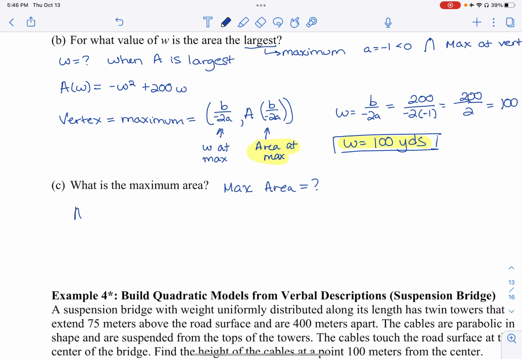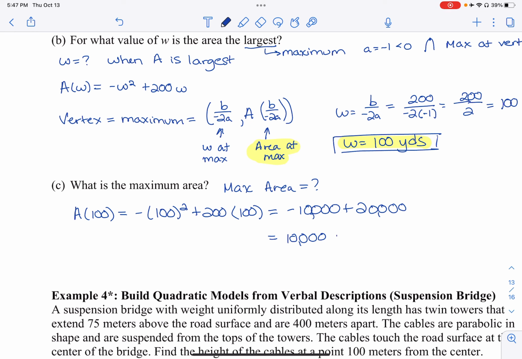So here all we need to do is substitute A of 100, which is going to be negative 100 squared plus 200 times 100, which should come out to be negative 10,000 plus 20,000, which is going to be 10,000.